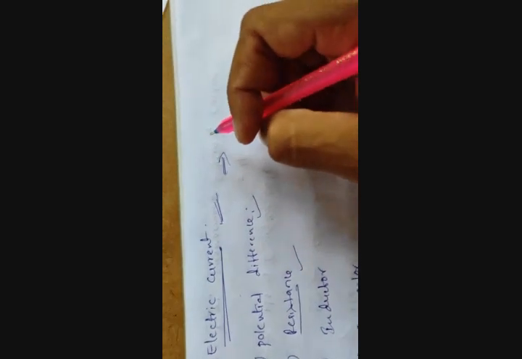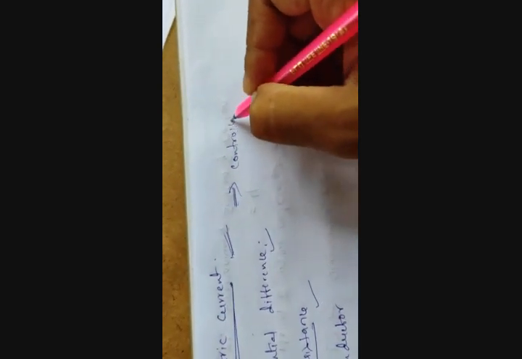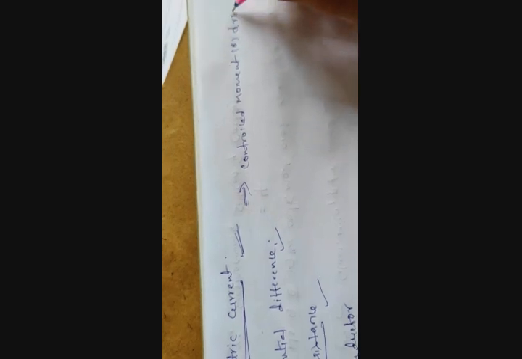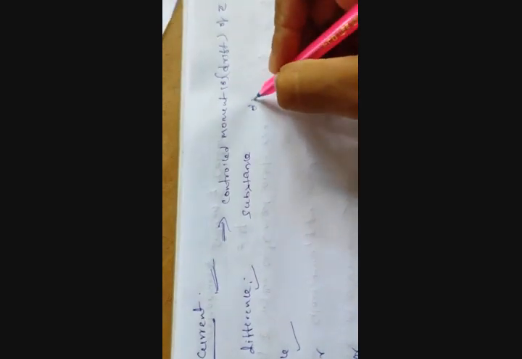Many textbooks define electric current as the controlled movement or drift of electrons through a substance, or simply the free flow of electrons.